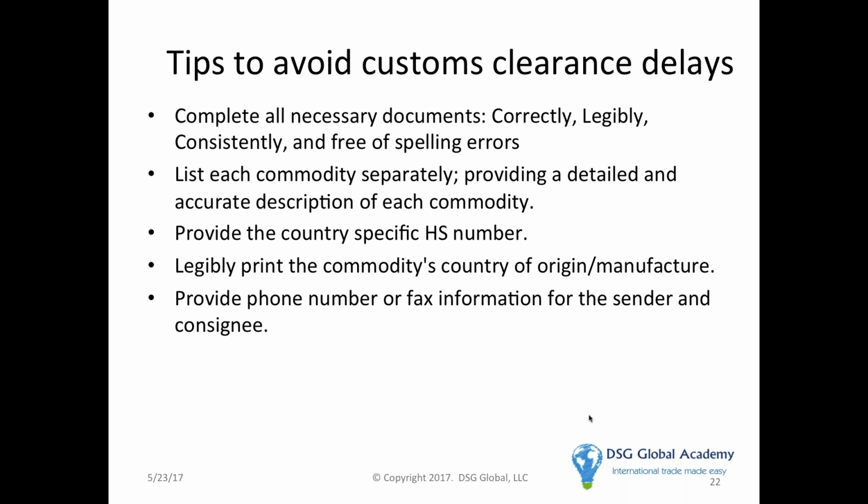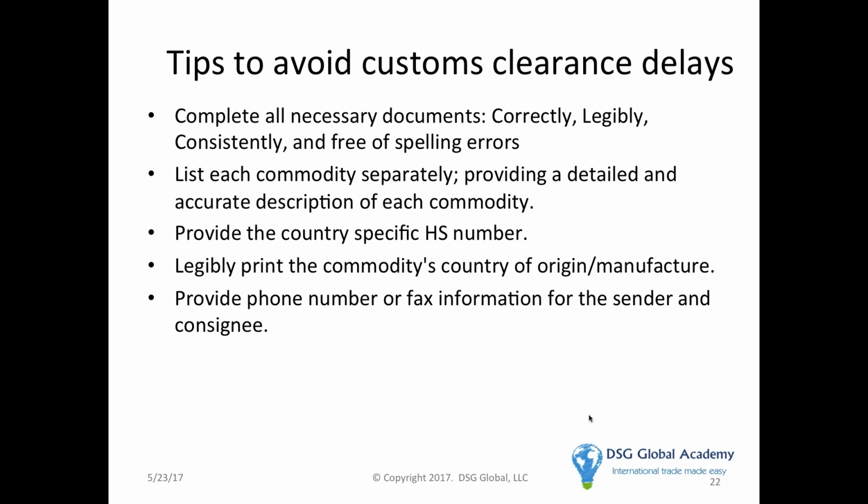Number one, complete all the necessary documentation correctly, legibly, and consistently, which means the information on one form should be the same as the information on the other and not have a different product number or a different HTS or different contact information of the parties.